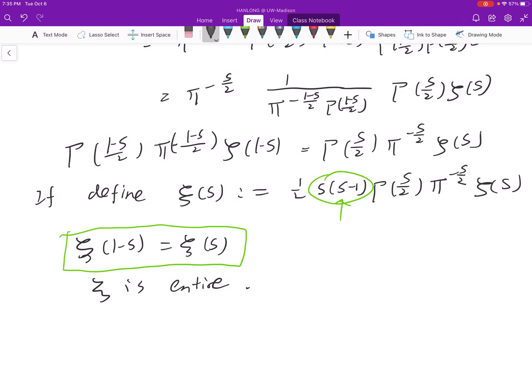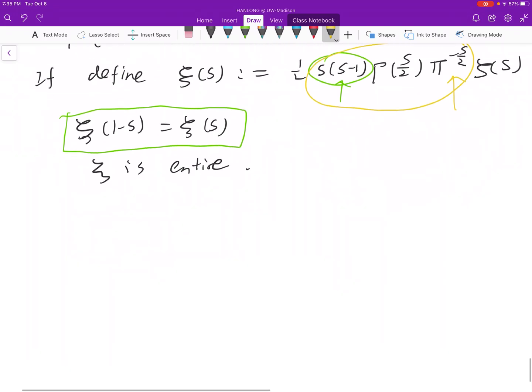You do have some transcendental factors here, especially this one. But geometrically, it tells you about the functional equation. Whenever you have a functional equation, it's a matter of symmetry. Therefore, it's related to representation theory.